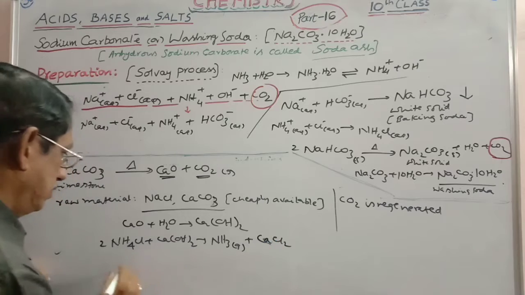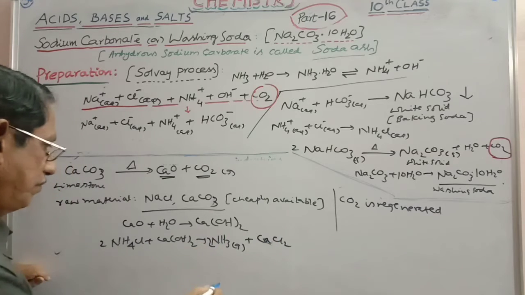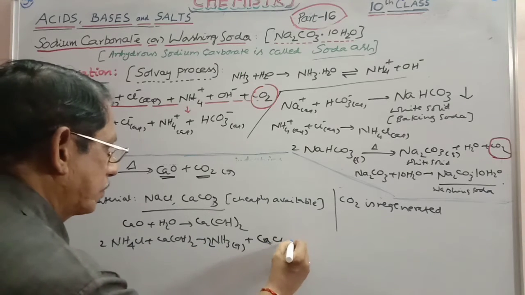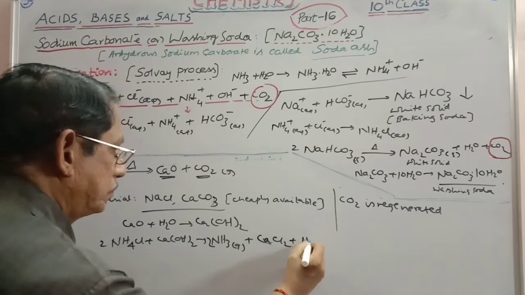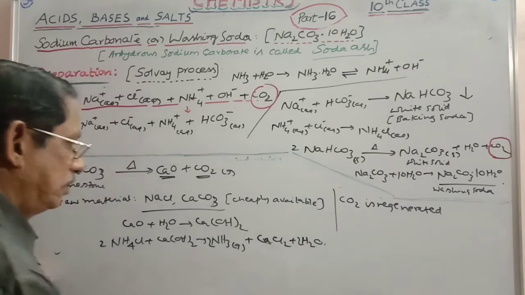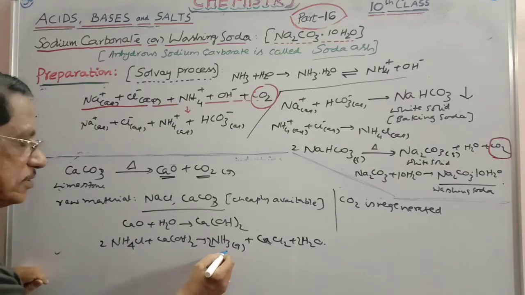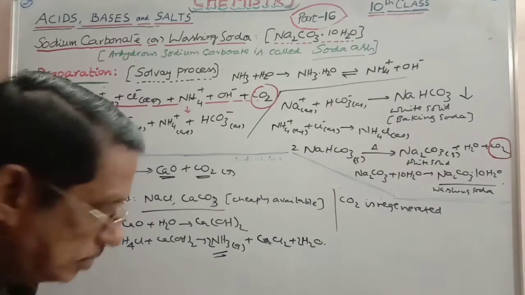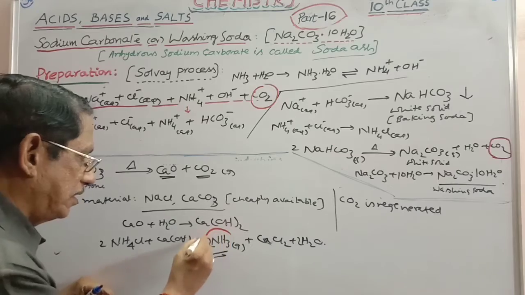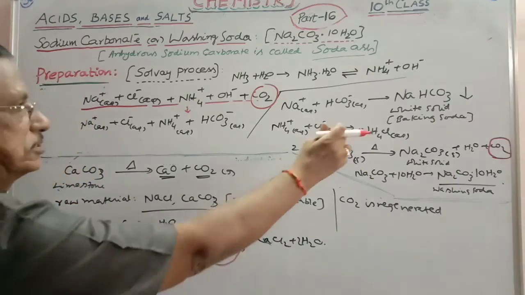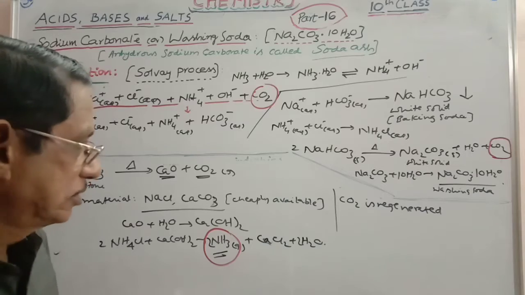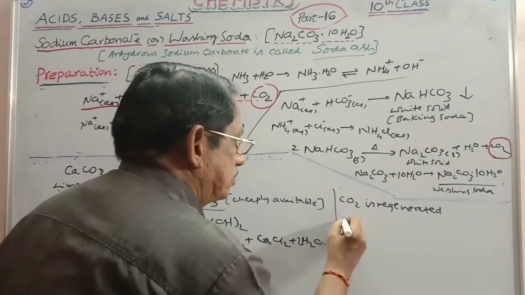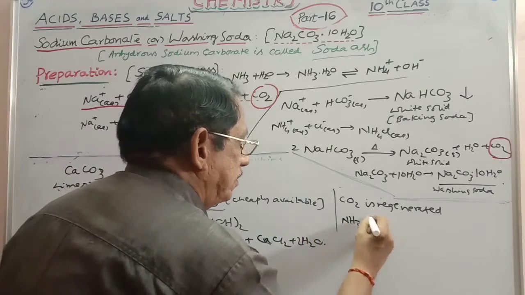The balanced equation I am writing: 2NH3 gas you will get, plus CaCl2, plus 2H2O. In this way, ammonia gas is once again obtained. That is also recovered from the ammonium chloride salt. You are not taking any amount there freshly. So in this case, ammonia is also regenerated.